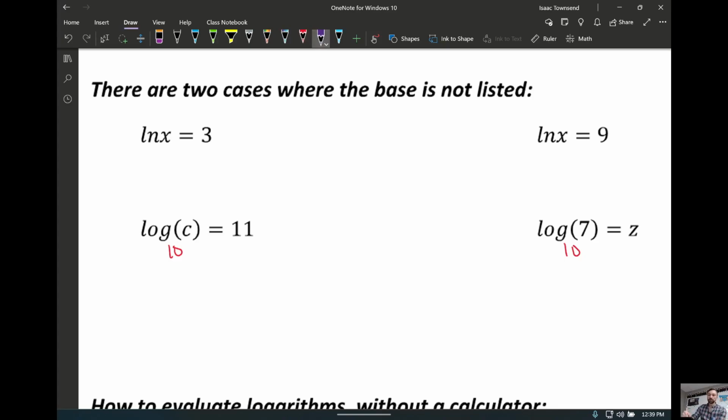Whereas natural logs, if natural logs bug you, you can change it to log base e. That same number e that is in the compound interest formulas.